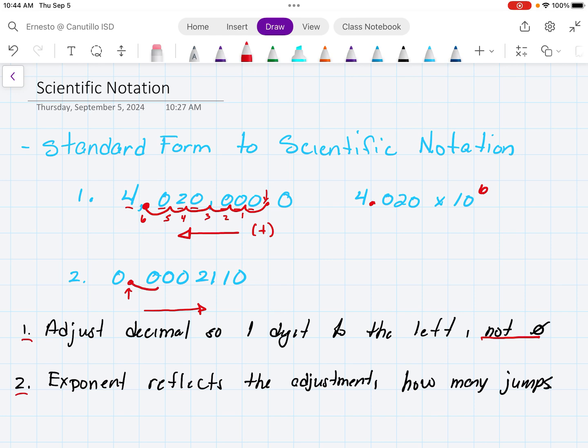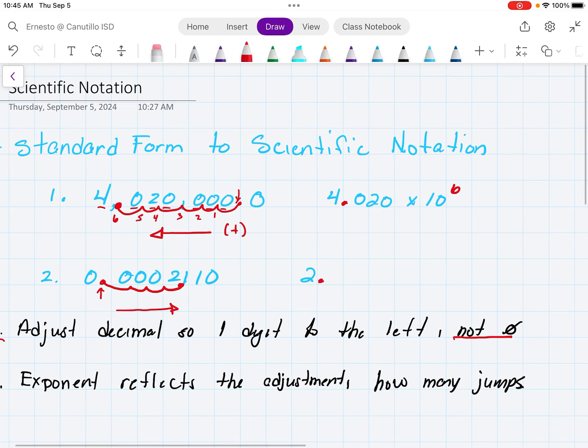So that is 1 jump, 2, 3, 4. So I'm going to put my decimal point right there. So what does this number look like? Well, let's write the decimal first. 2.110. Okay. Then I'm going to ask, how many times did I adjust?